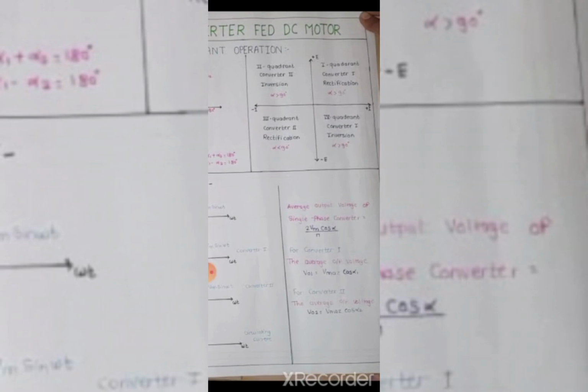Converter 1 acts as a rectifier and operates in the first quadrant and fourth quadrant. Converter 2 acts as an inverter which operates in the second and third quadrant. AC to DC rectification takes place through converter 1, and DC to AC inversion is done through converter 2. This is called a dual converter.